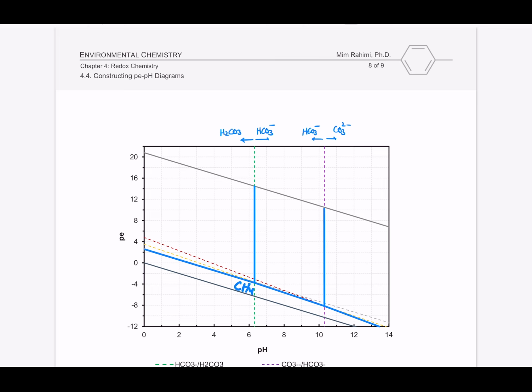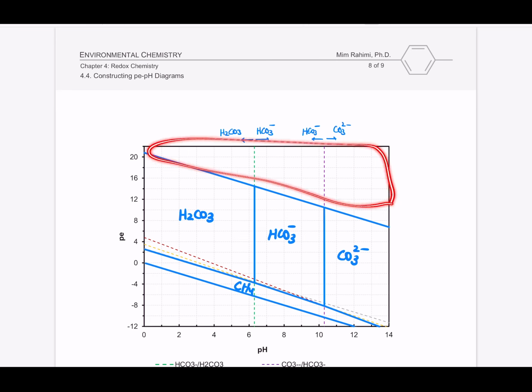From the left? Exactly. HCO3 minus. And obviously this line is also the boundary of what is here.